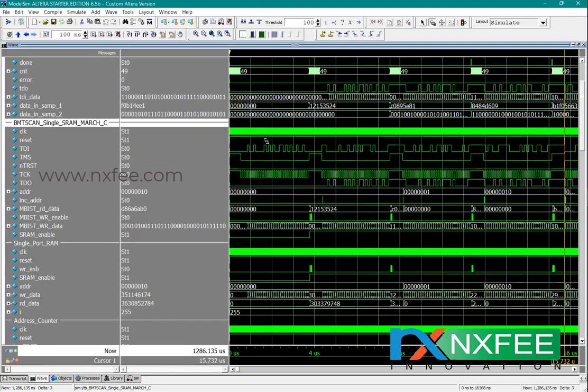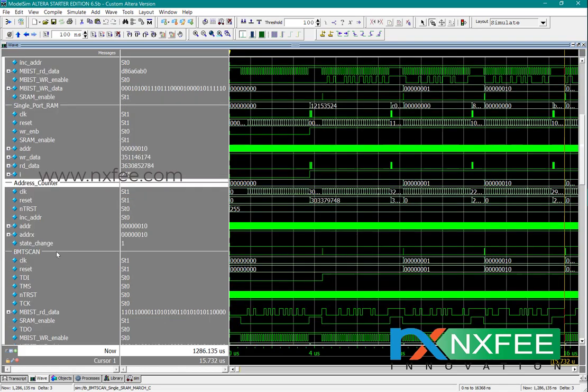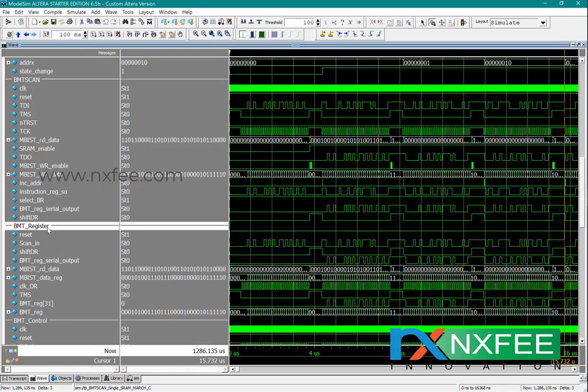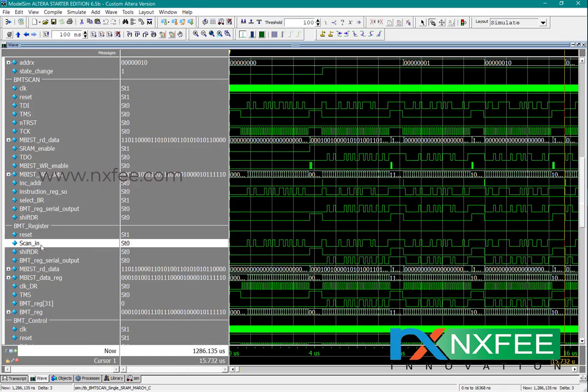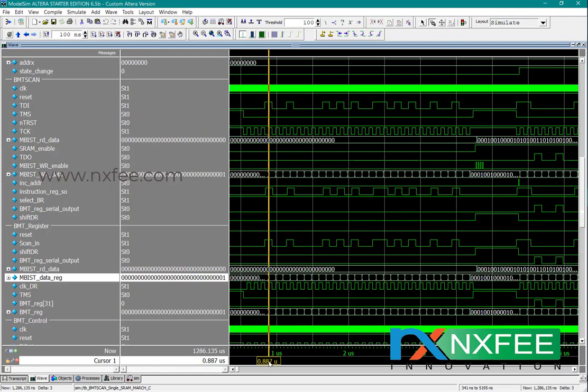This is the input, the top model. This is the single port SRAM, address counter and BIST scan method, and BIST registers. The scan input will be received here, and it will shift the output with the support of the shift registers. So this is the shifting output one by one.